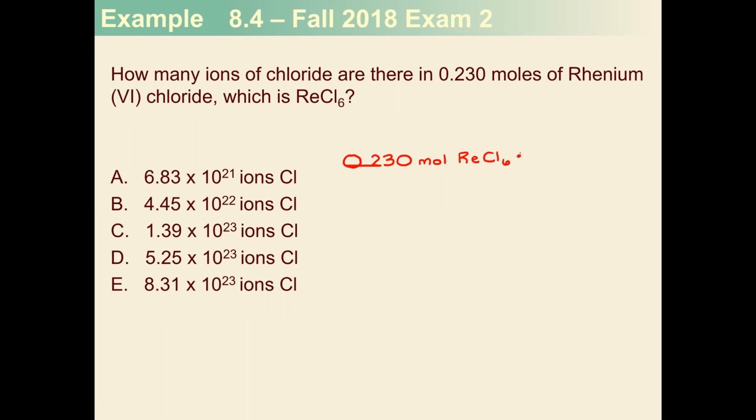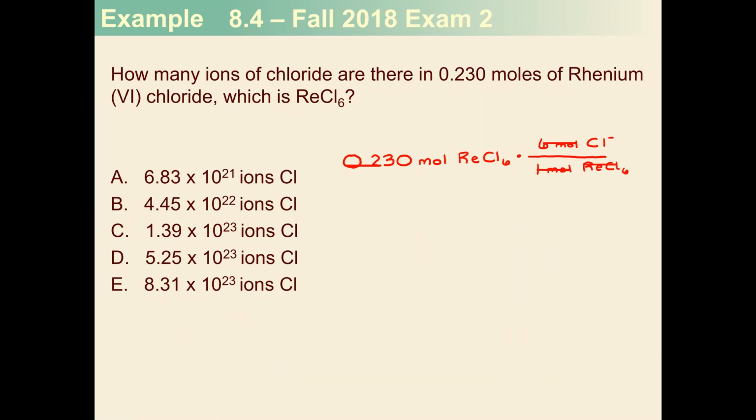So what can we do? Well, now we need to go and get the chlorine ratio. How many chlorines are there for each one of those? Well, we are going to get 6 moles of our Cl- for every 1 mole of our ReCl6.